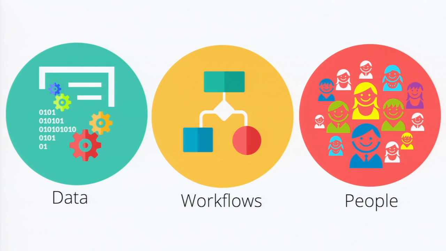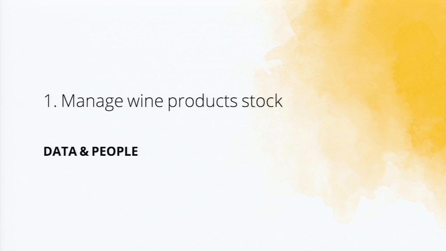So ultimately, if you really look at this whole set of requirements, it finally boils down to data, workflows, and people. Managing wine and product stock is data and people, where you have the inventory as data and people as the guy who really keeps the stock, the storekeeper.